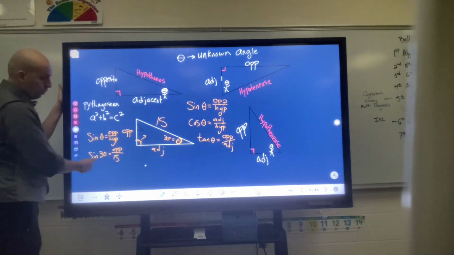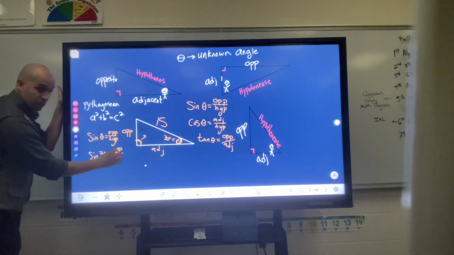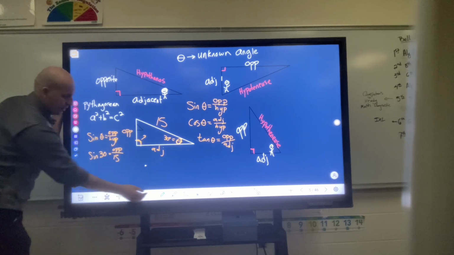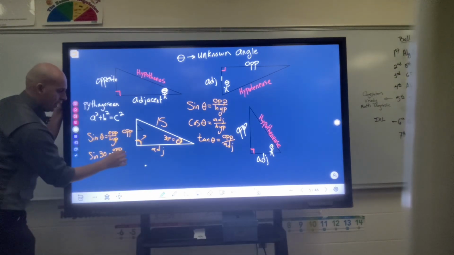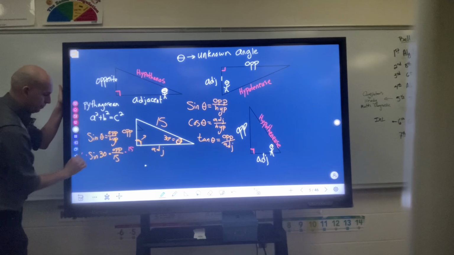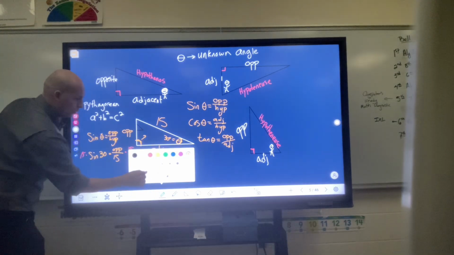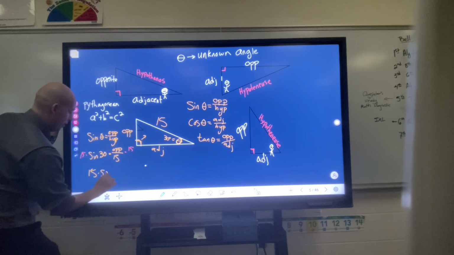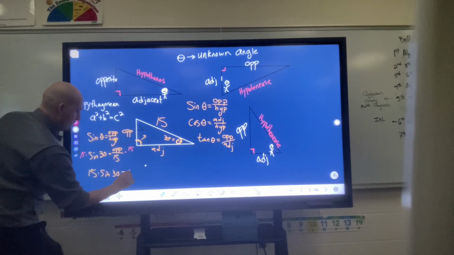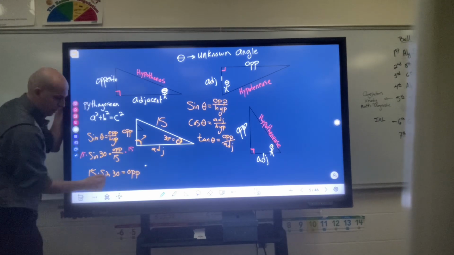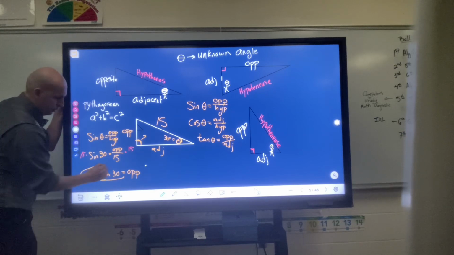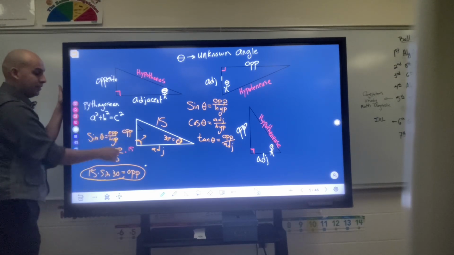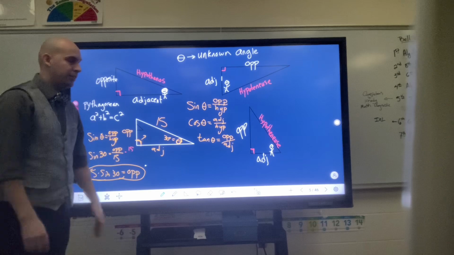Because this is a fraction, we can just multiply both sides by 15, and that will solve my equation. So I get 15 times sine of 30 equals the opposite side. Whatever number you get when you plug this into the calculator should be your answer for the opposite side. And then you would do the same thing with the other ones.